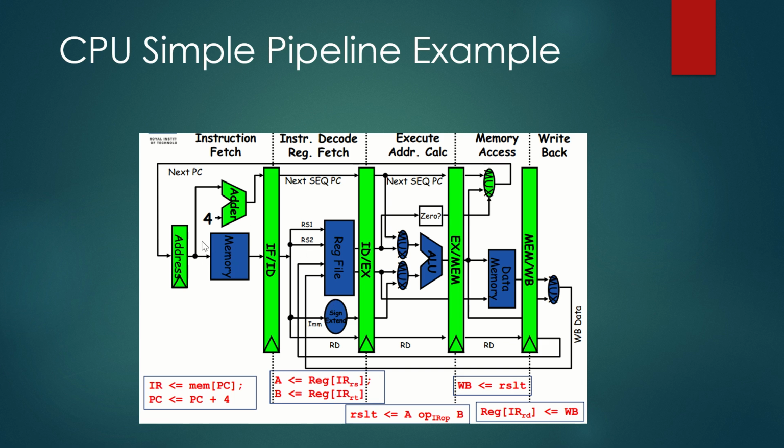First you're fetching your instruction, and then you're decoding it, and then putting the right data through and performing whatever you're doing in your ALU, plus or minus or whatever you're performing mathematically, and then writing data back. So that's your typical pipeline.